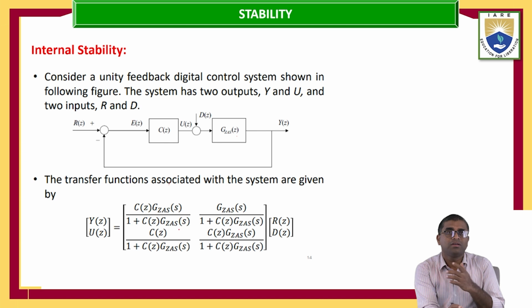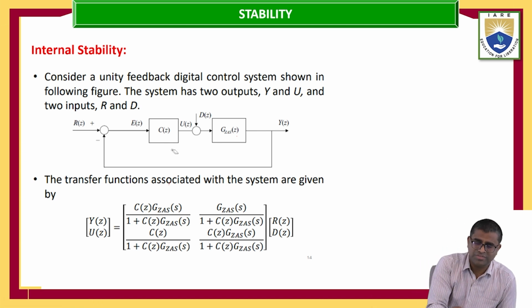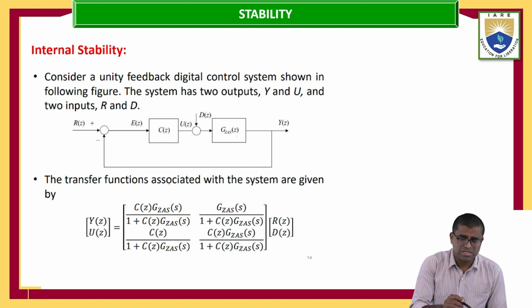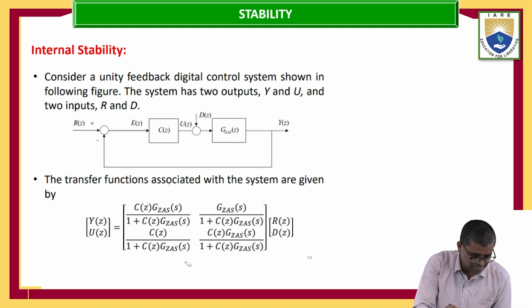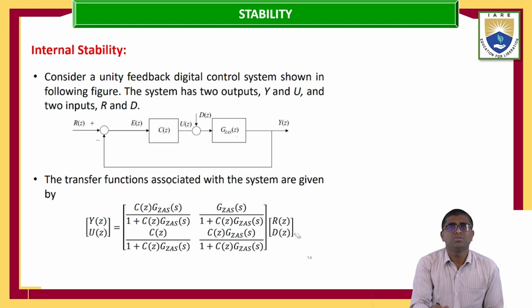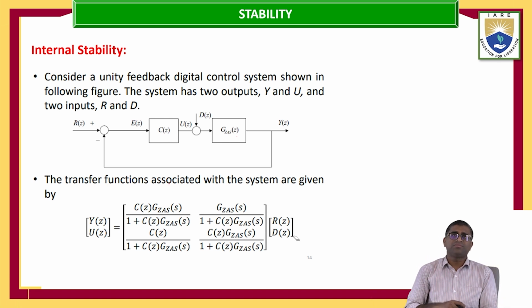2 to 1, nothing but C of z by 1 plus G of s into G of s. And the last one is only for the self. So, C of z by 1 plus C of z into G of s, plus C of z into D of s by this value, into R of s into D of z.